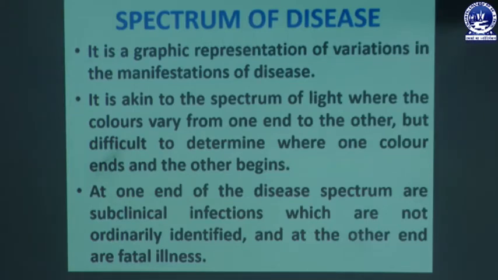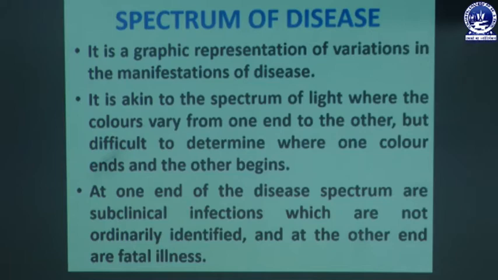Leprosy is an excellent example of the spectrum of disease. For almost every disease there exists a spectrum of severity, with few exceptions such as rabies. In infectious disease, the spectrum of disease is also referred to as the gradient of infection.